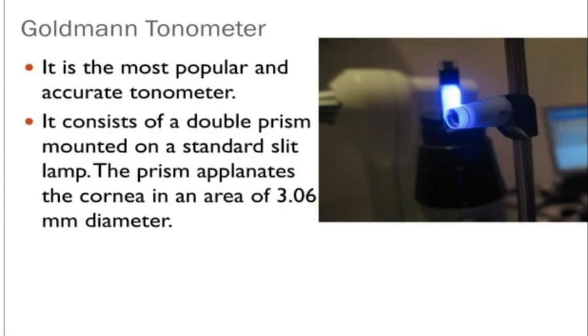It is considered to be the gold standard instrument for measuring intraocular pressure. It uses a small prism to flatten a known area of the cornea and measure the force required to do so, which is directly related to the intraocular pressure. Note that a topical anesthetic must be instilled before the measurement is taken.